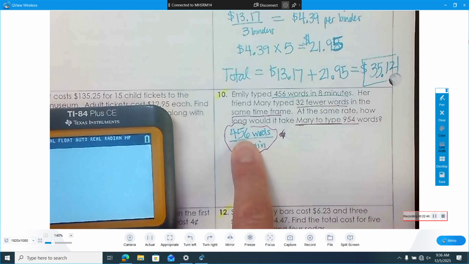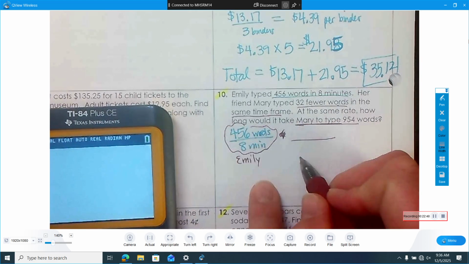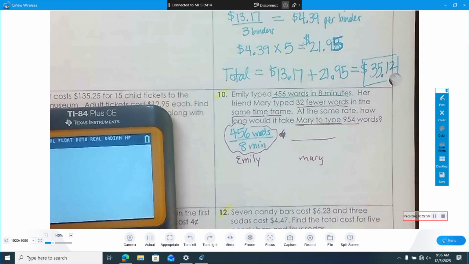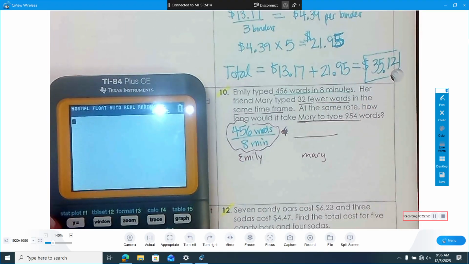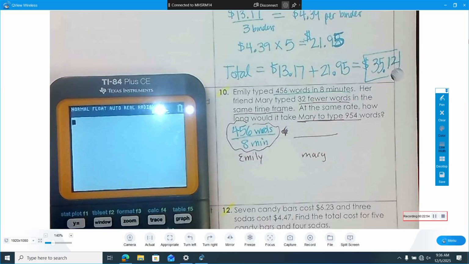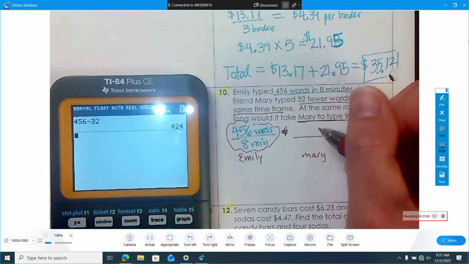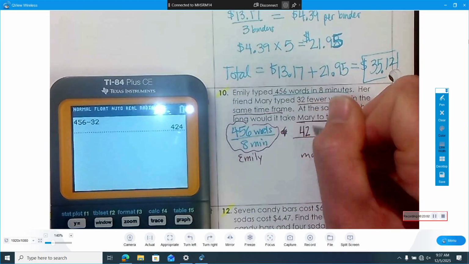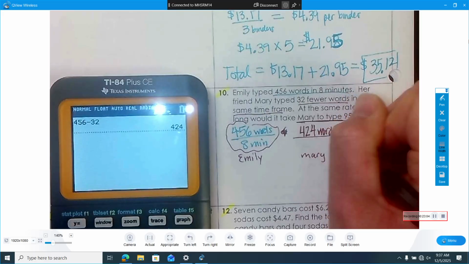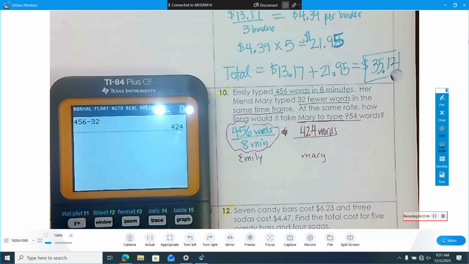Emily was 456. So how many words did Mary type? You subtracted, yeah. 456 minus 32, we get 424 words. All right, so Mary typed a little bit slower.